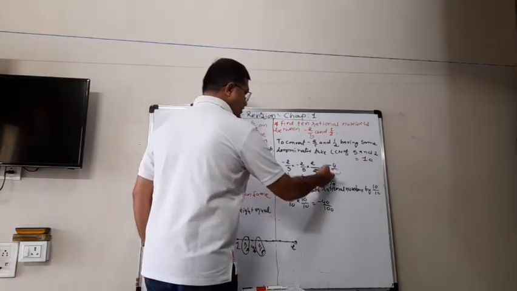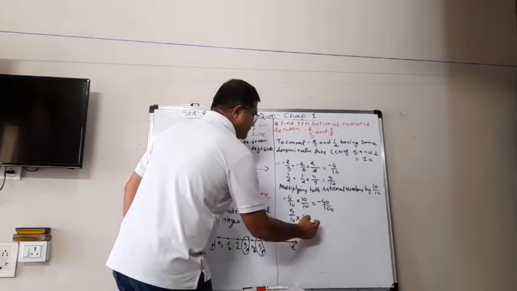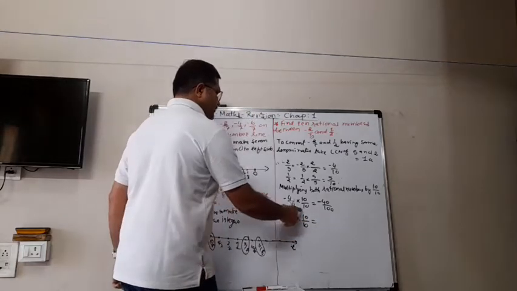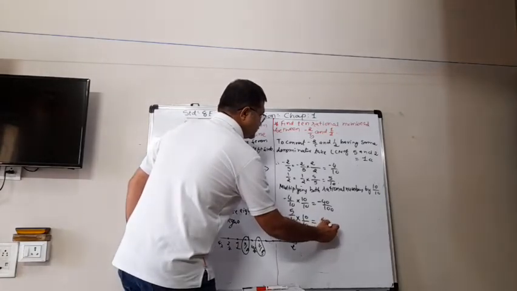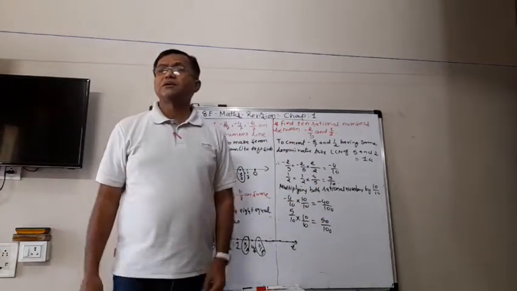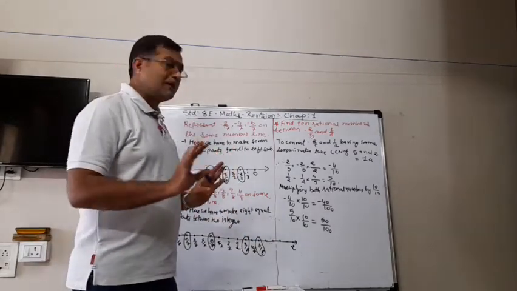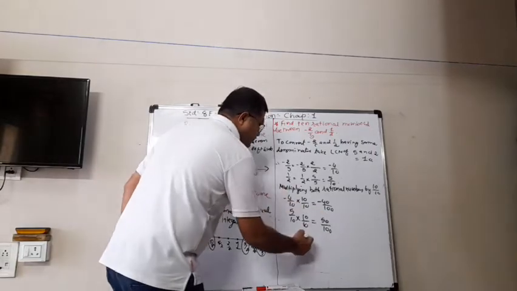And the other one is 5 upon 10 multiplied by 10 upon 10. 5 tens are 50 upon 100. So now you have so many rational numbers between minus 40 upon 100 and 50 upon 100.